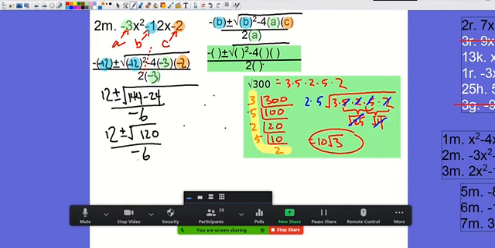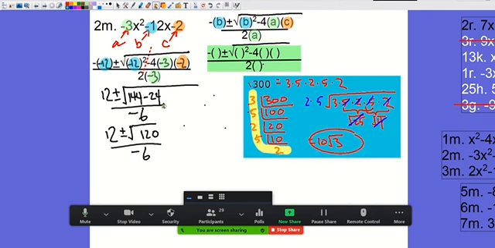Now for this 120, we're going to do the same process that you see in this blue box right here. In this blue box, we did 120, just like this. Remember, we're going to use only prime numbers. I'm going to jump ahead and go straight to the answer.